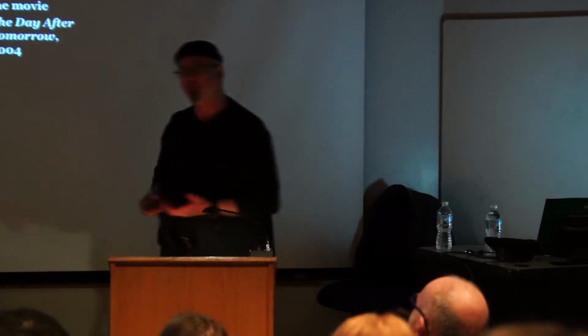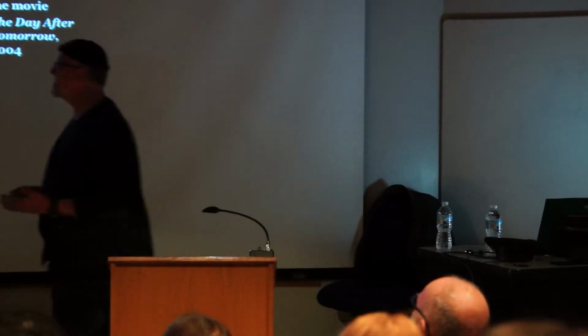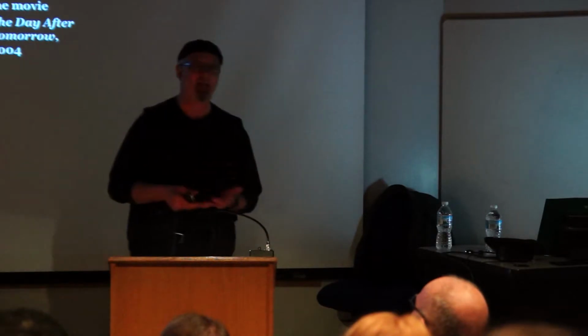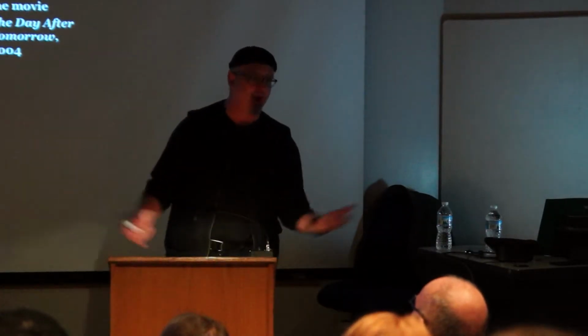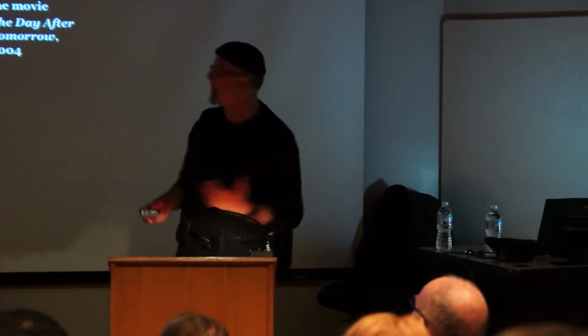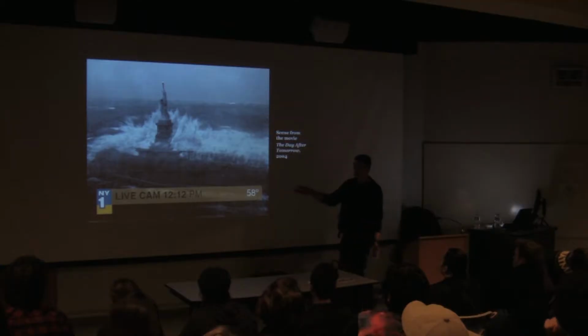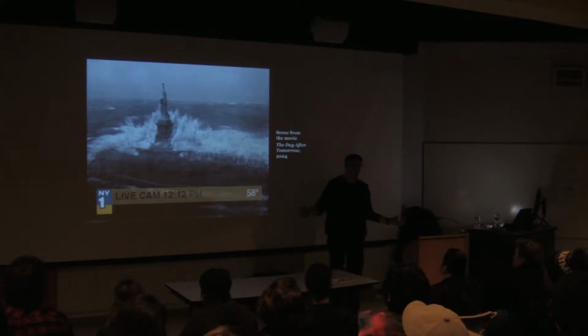It wasn't but a few years ago with Superstorm Sandy that people were taking images from apocalyptic Hollywood films and tweeting them around. So this from a film about the rising sea levels taking on New York was sent around as if this is what's really happening in New York.